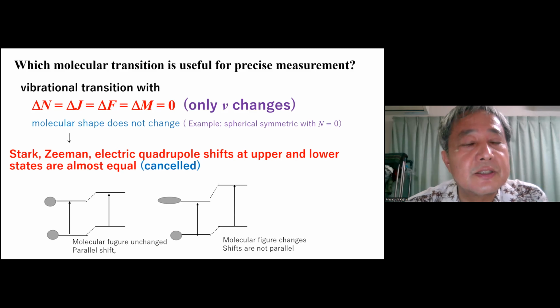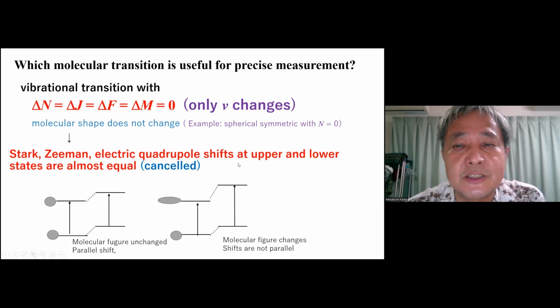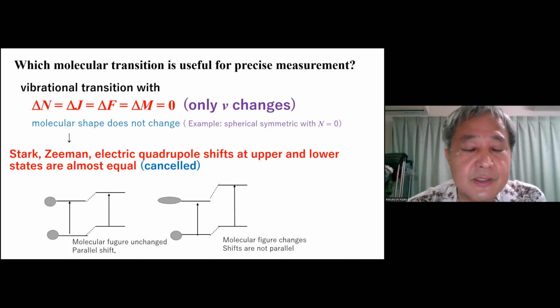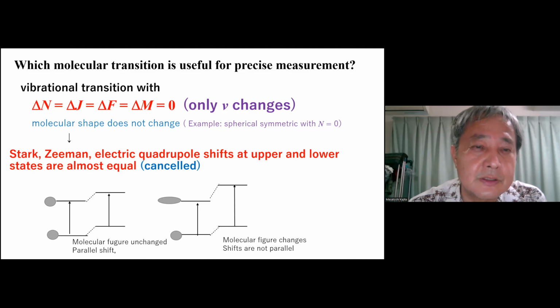But by changing the vibrational state, the figure does not change, just a slight change of bond length. For example, the molecules are spherically symmetric in the lowest rotational state. Then the Stark, Zeeman, or electric quadrupole shifts of upper and lower states are almost equal, and the influence on the transition frequencies is very, very small, almost two orders smaller than each energy state's energy shift.